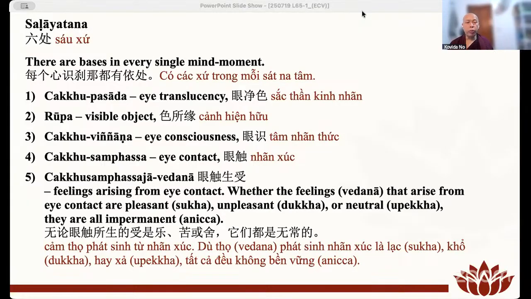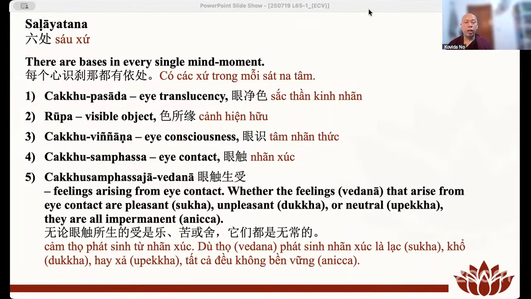We can understand there are many different types of ayatana, which we can also call bases: internal bases and external bases. When we practice, there are bases in every single mind moment. For example, when we are seeing something, cakkhupasada, eye translucency, is the internal base. Then rupa, the color or visible object, is the external base.